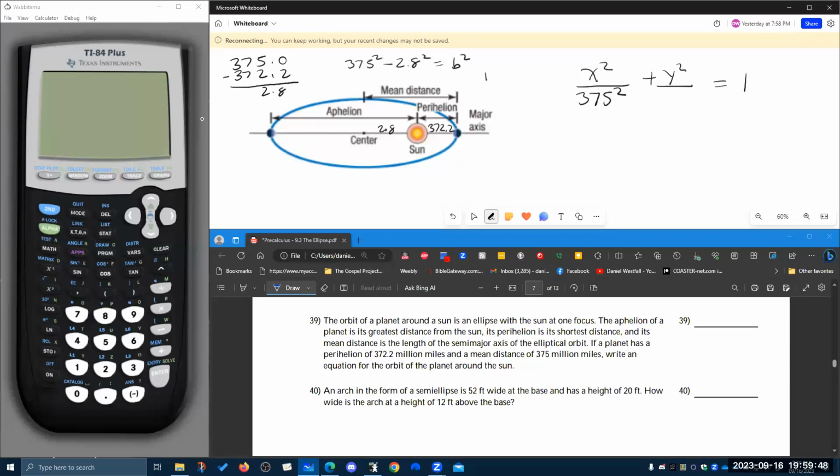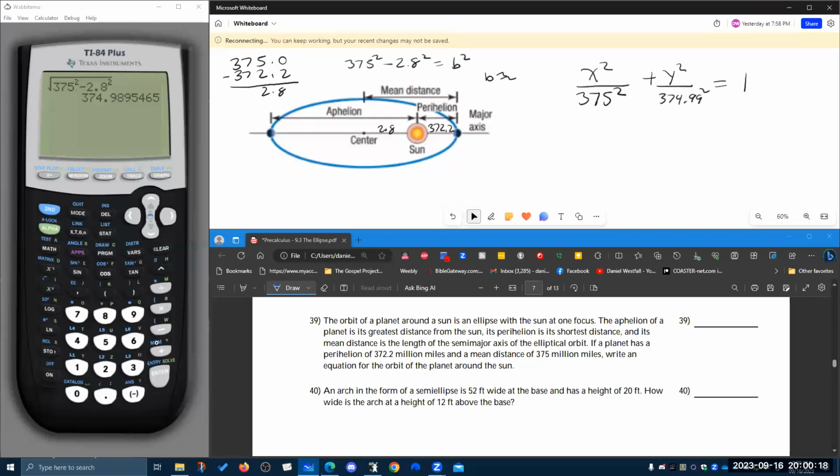So b is about, stick this in my calculator, the square root of 375 squared minus 2.8 squared. And we get roughly 374.99, and that gets squared in the formula.